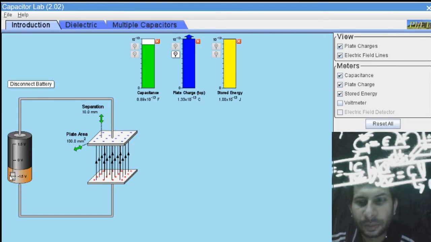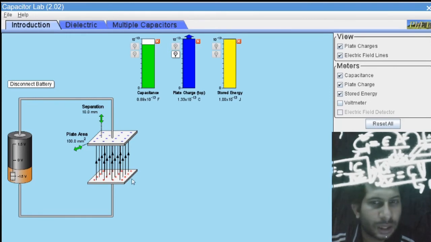Previously, when the positive plate was at the top, the electric field line was downward, and if we change to negative charge on the plate at the top and positive charge at the bottom, the electric field line is now in the opposite direction.